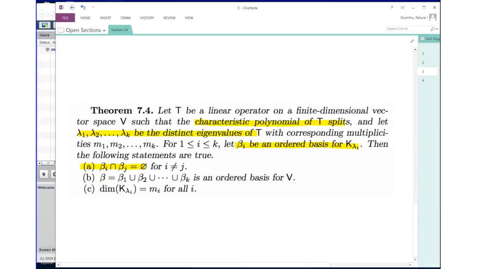Right? So if you take a basis for K lambda and another one for K mu, where mu and lambda are distinct, then the bases do not overlap. If you take the union of all of them, you're going to form a basis for V.